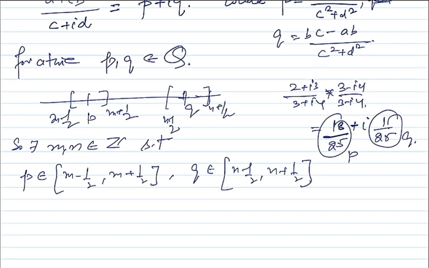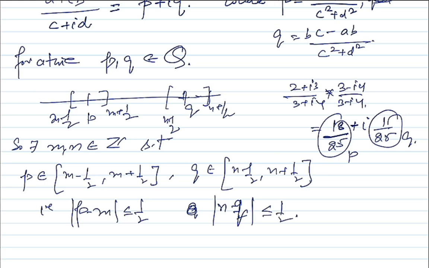Okay, that is, the difference is less than half. N minus q is less than or equal to half.